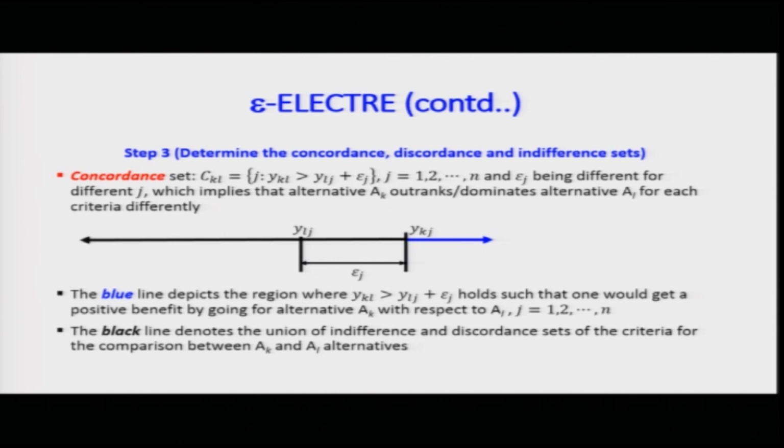Now, here is where things become more interesting. When you are trying to formulate the concordance set, discordance set and the indifference set, consider very simply the real line where we will have the scoring.